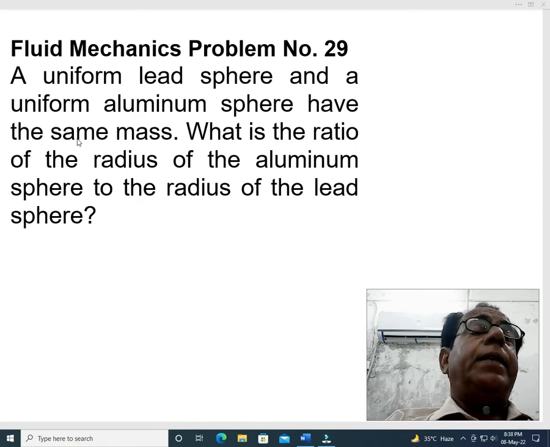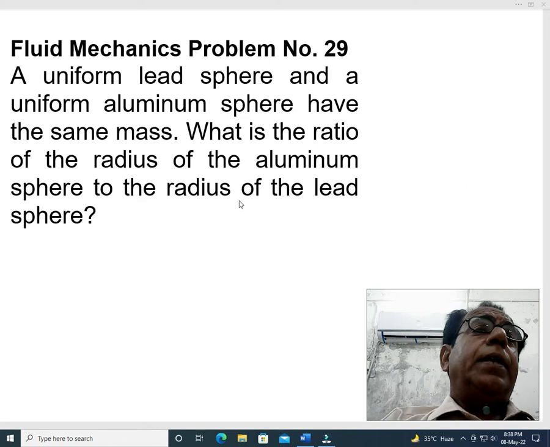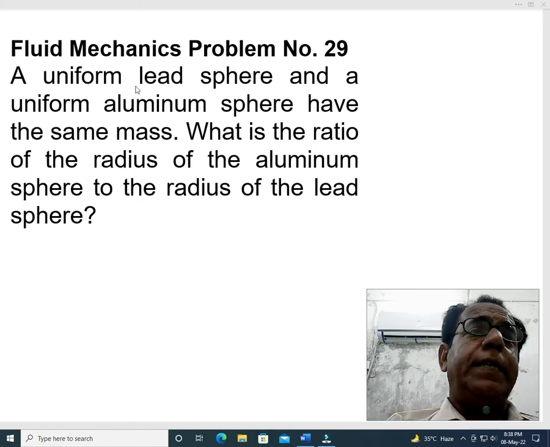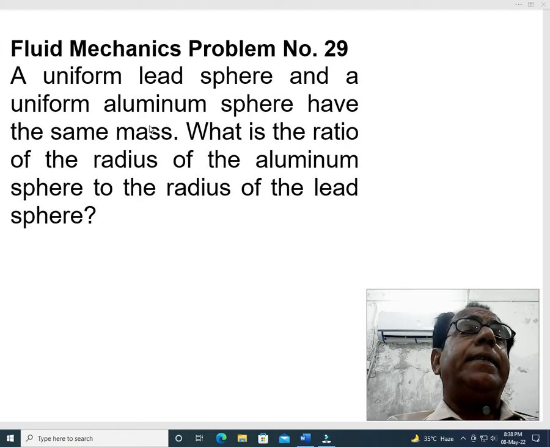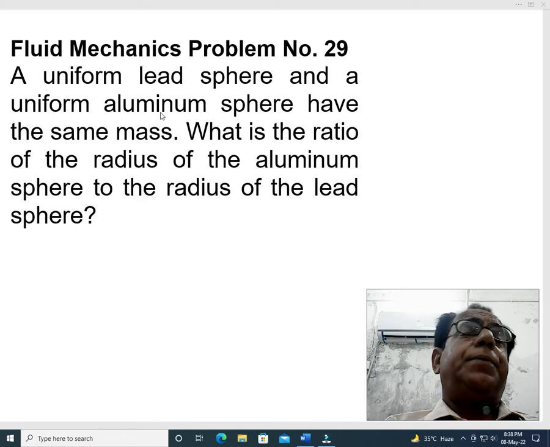Dear students, the problem is quite simple, very easy. What do we have to do? From the table of densities, we know the density of lead as well as the density of aluminum, so it will be our base.